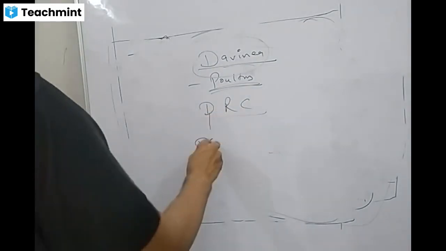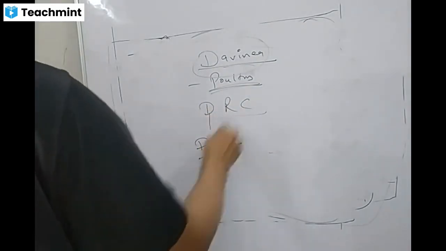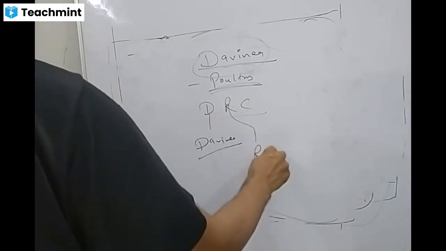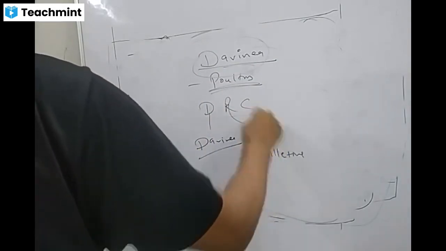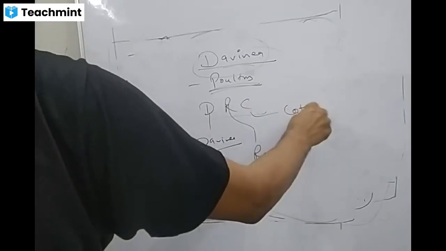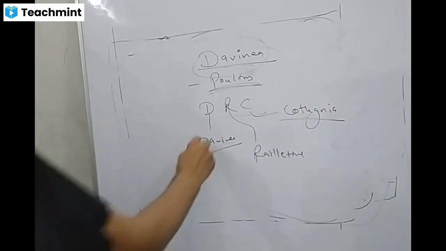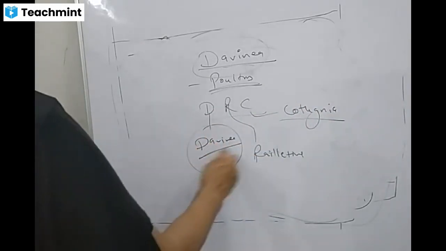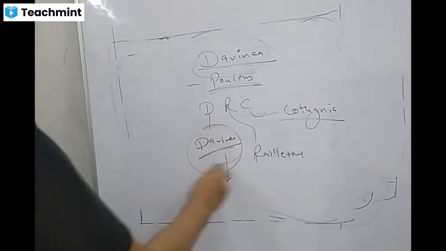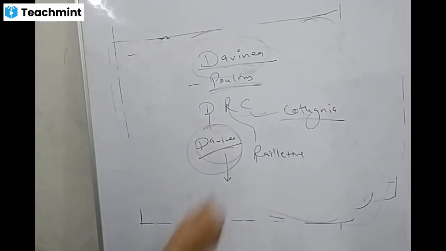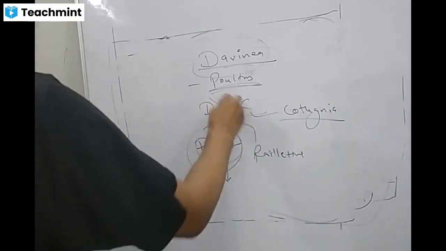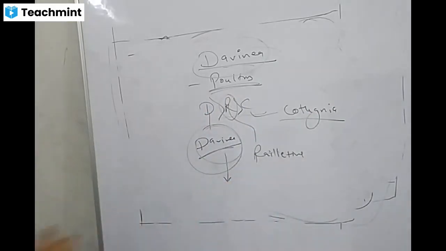D for Davainea, R for Raillietina, and C for Cotugnia. Davainea is the most pathogenic tapeworm of poultry. DRC. R is the second most pathogenic of poultry.